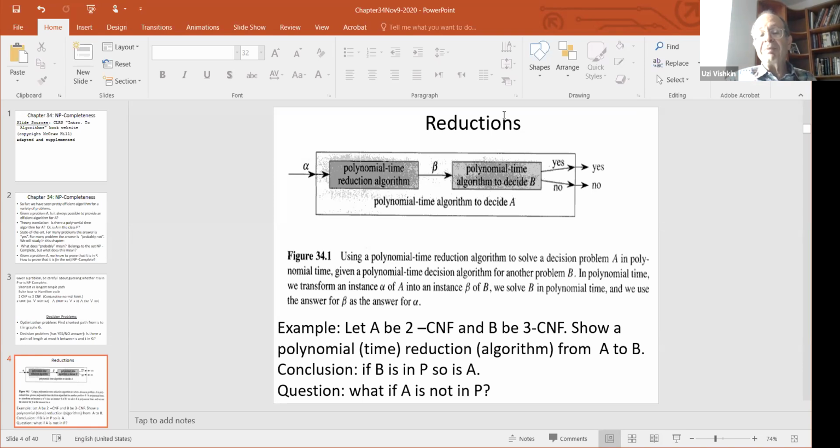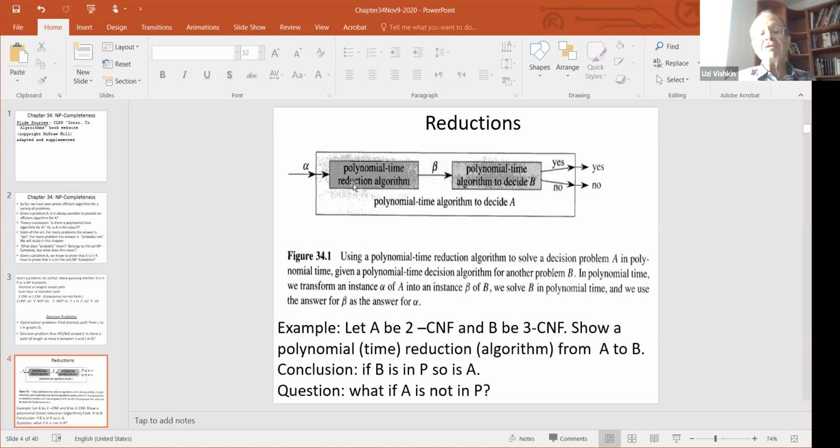Think about it. If B has a polynomial time algorithm, if we combine the two, you get a polynomial time algorithm for A, a contradiction. Do you follow me? Again, write it to yourself. A does not have a polynomial time algorithm, assumption number one.